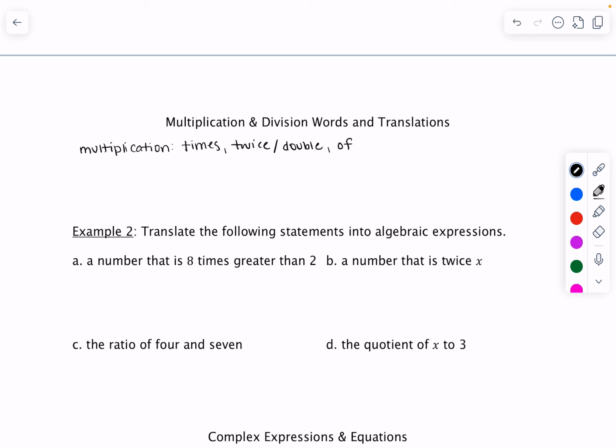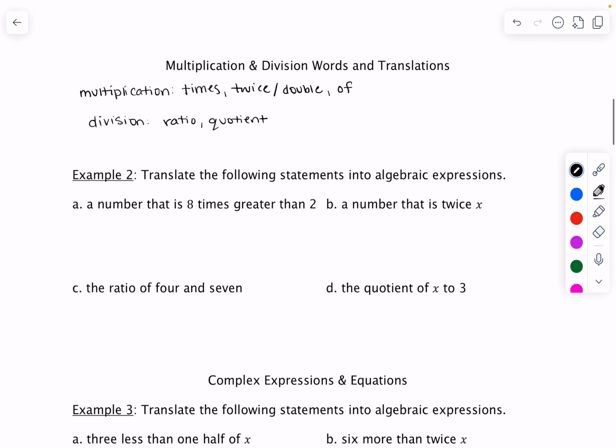Also, the word of can be multiplication. If you have that word of, that can kind of mean, hey, you're multiplying here. Division, we're going to have words like ratio or quotient. Hopefully you've seen those words before. They mean division.